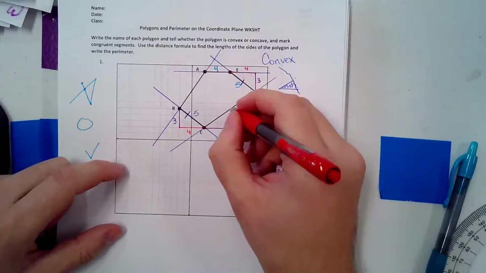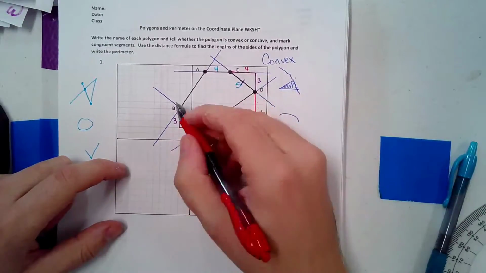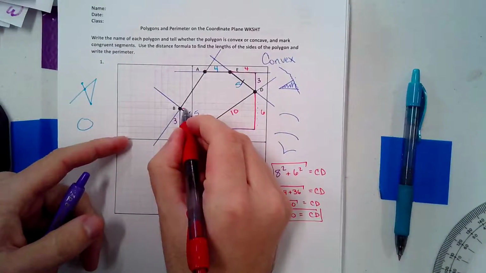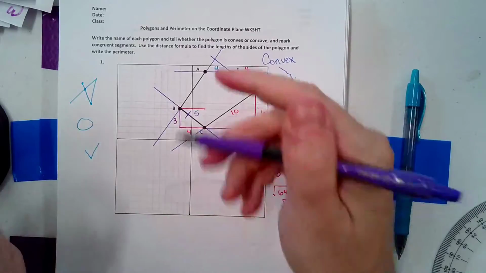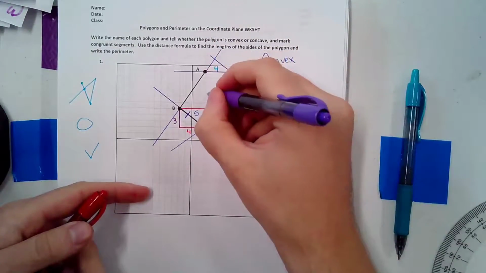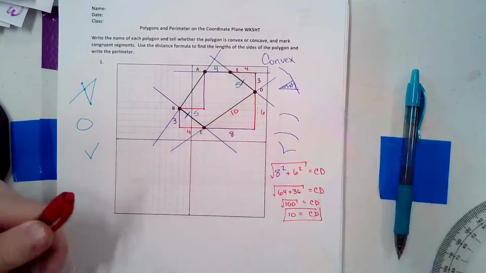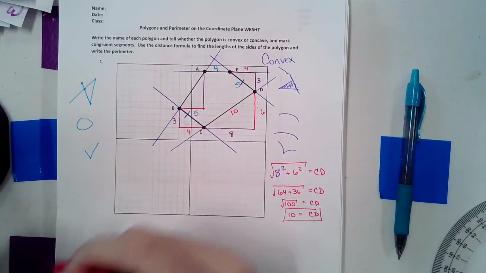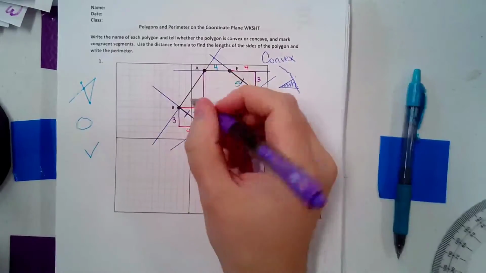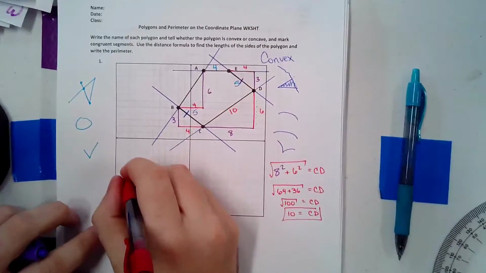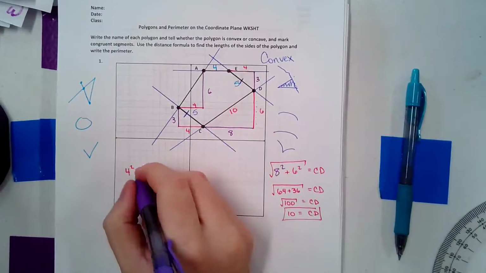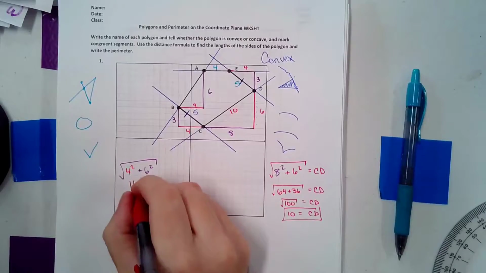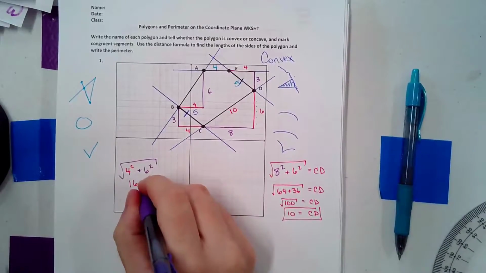Which means if this is 10, if this is 10 too, then we have congruent sides. Let's check it. 1, 2, 3, 4 here. Nope, not going to happen. 1, 2, 3, 4, 5, 6 here. Ooh, it's a 4, 6. Let's do that. 4 squared plus 6 squared, all rooted. 4 squared is a fun game to play outside, but it is also 16. Enough, Chloe.